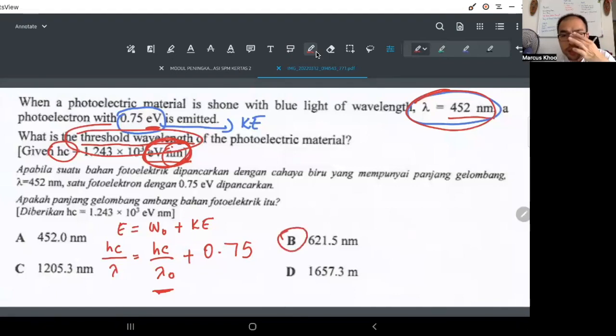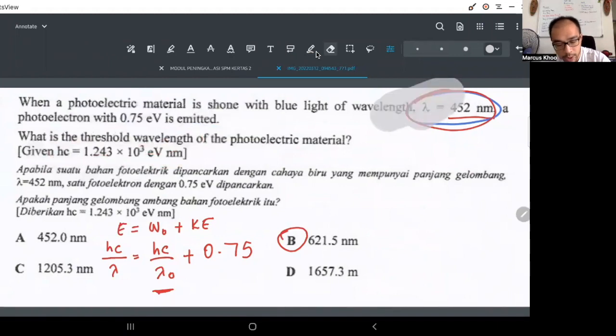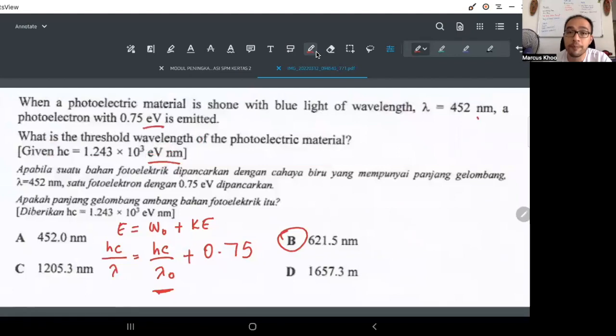But the reason why I'm discussing this question is, number one, a lot of people have asked me how to do this question. And number two, I want to expose you to the fact that sometimes, especially in quantum physics, we have to pay attention to the units. We have to look properly and see whether we need to change the units or not.